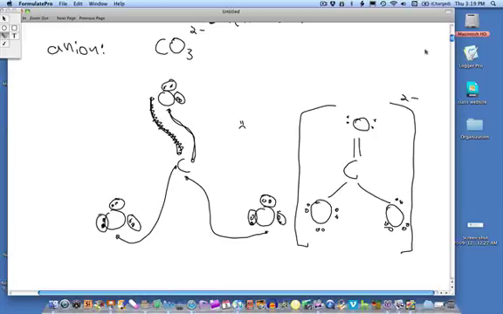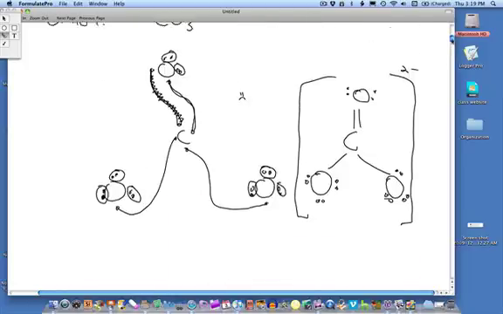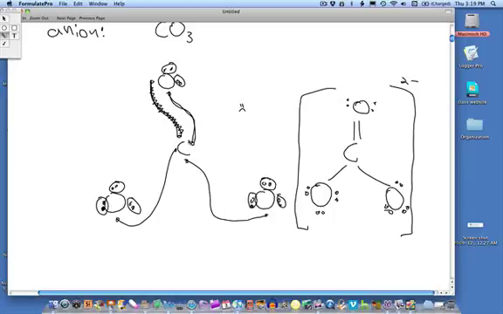For negative ions, you add as many electrons as the number of the oxidation number. So the oxidation number is 2 minus, so we need 2 more electrons. Okay, we look strategically at where we want to add them. We don't really want to add to the center atom because we lose bonding power on the center atom.